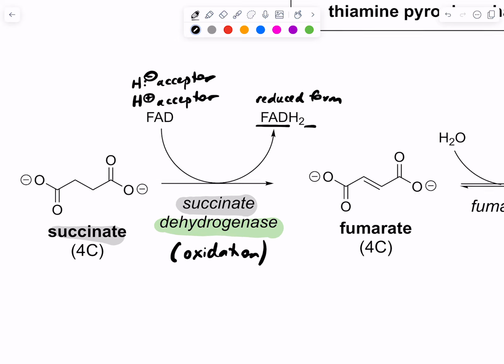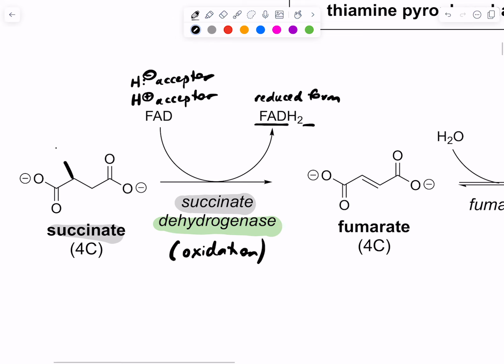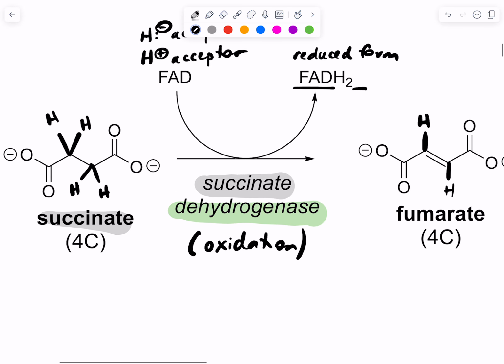You can tell that this is an oxidation reaction because before the reaction, the molecule had 4 CH bonds, and after the reaction, the molecule only has 2 CH bonds. Where did the electrons from this pi bond come from? They came from one of the CH bonds.